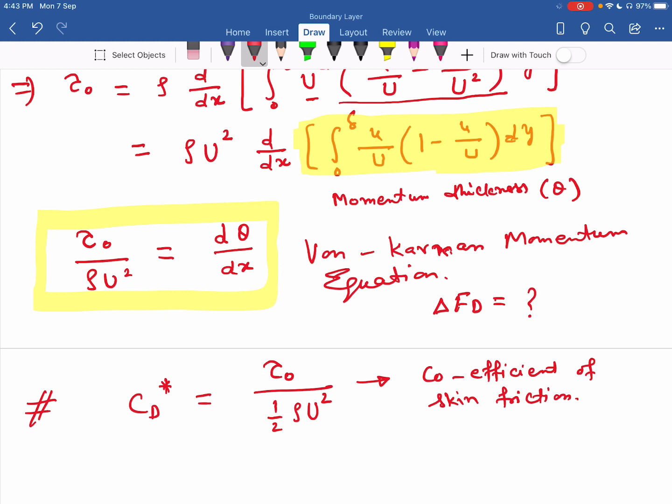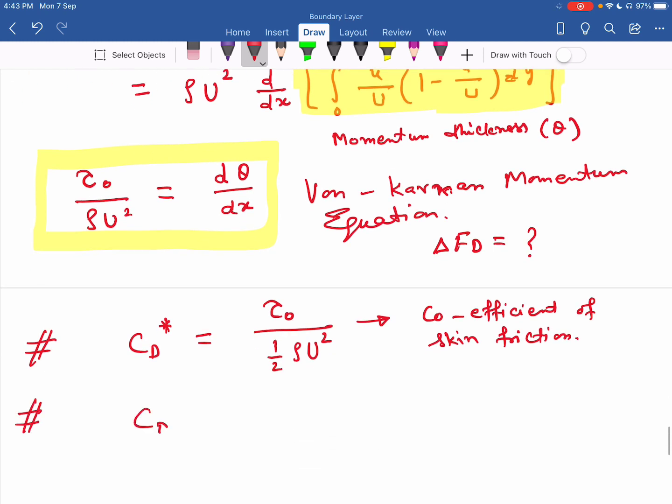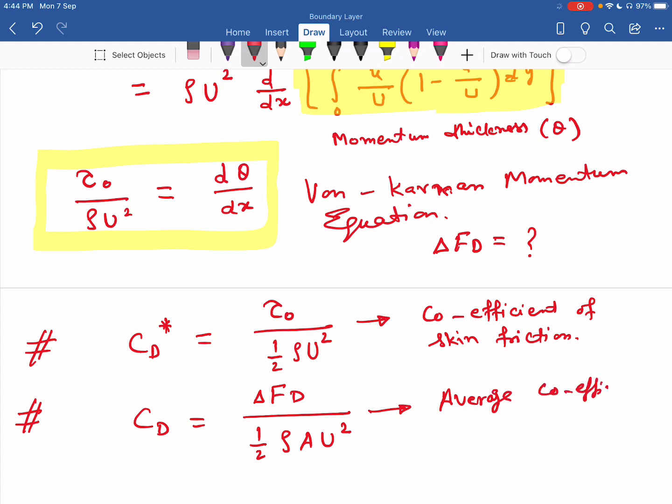Then we have one term CD. CD is FD divided by ½ρAU², that is δFD also, and this term is called the average coefficient of drag.